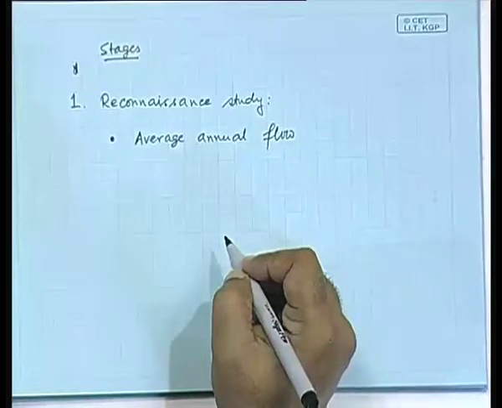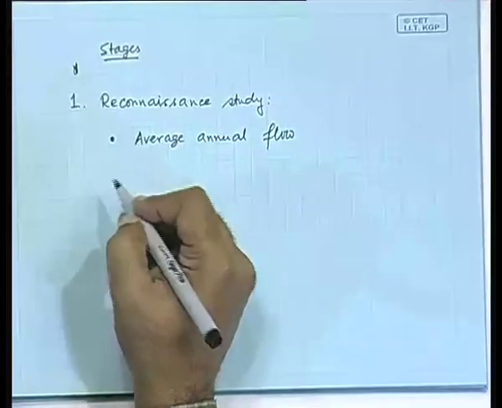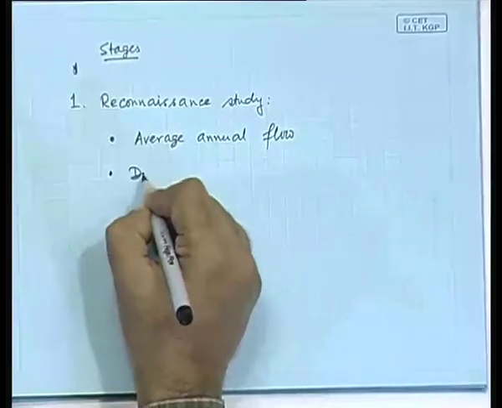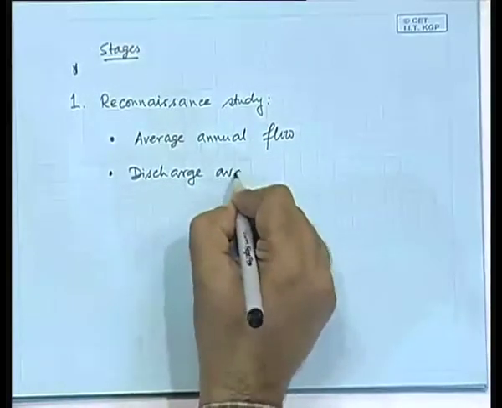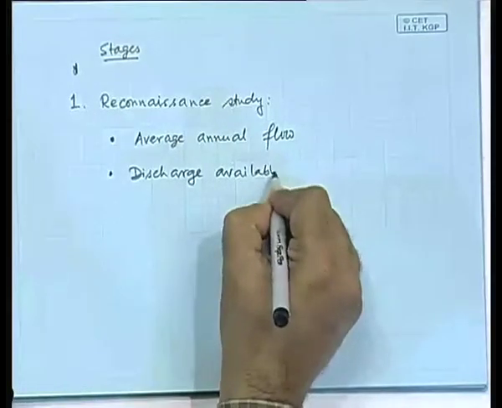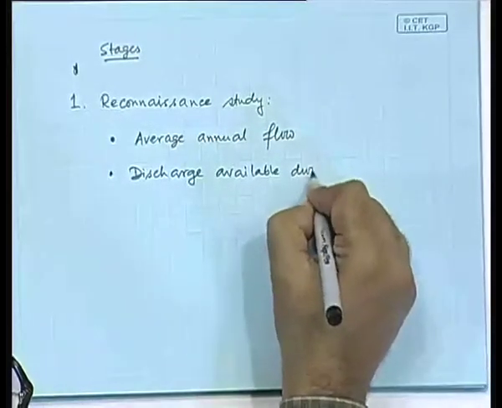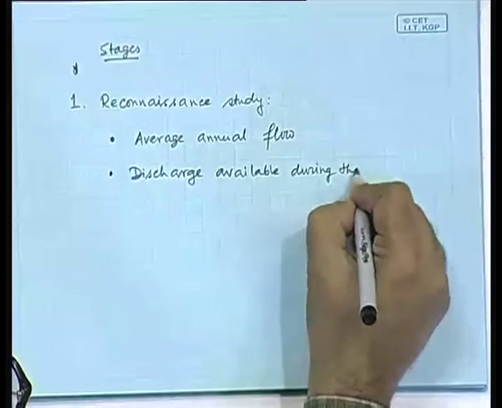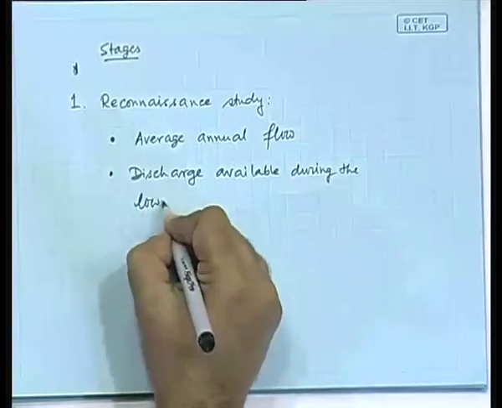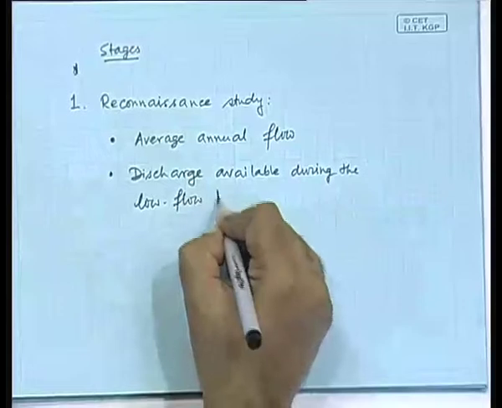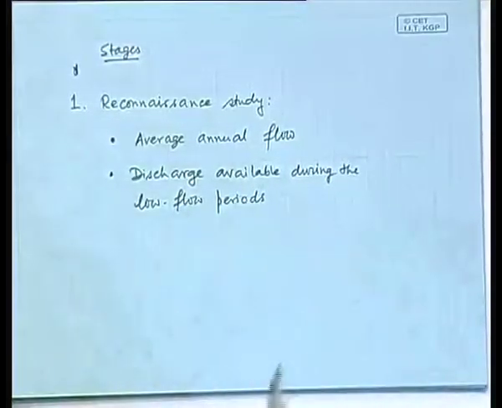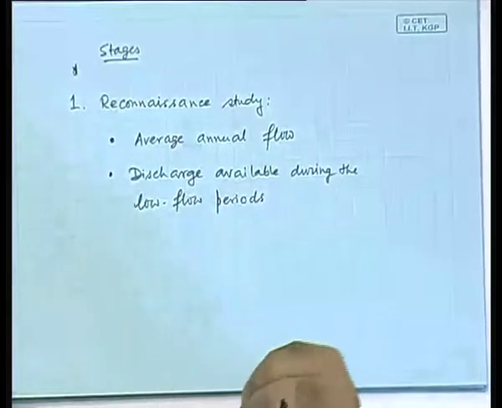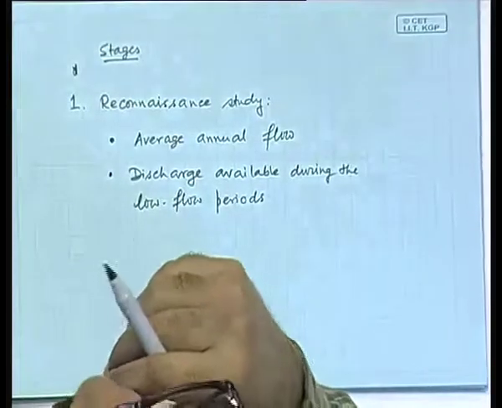Then the discharge available during the low flow period, that is more important, because you want a continuous power output.